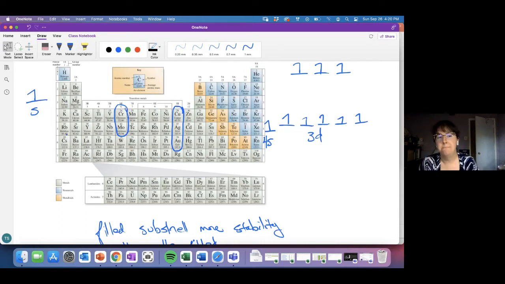Sure, but the S is so small and there are only 2 electrons there that you usually don't get to see that reflected anywhere that we care about. That's going to be my answer. Does it have stability? Yes. Do we actually ever notice it? No.